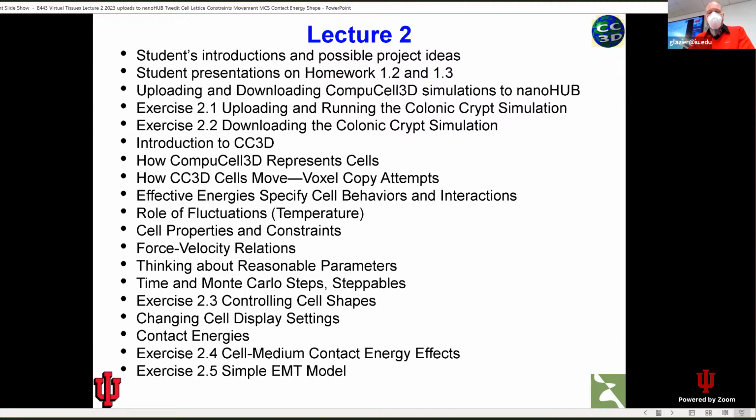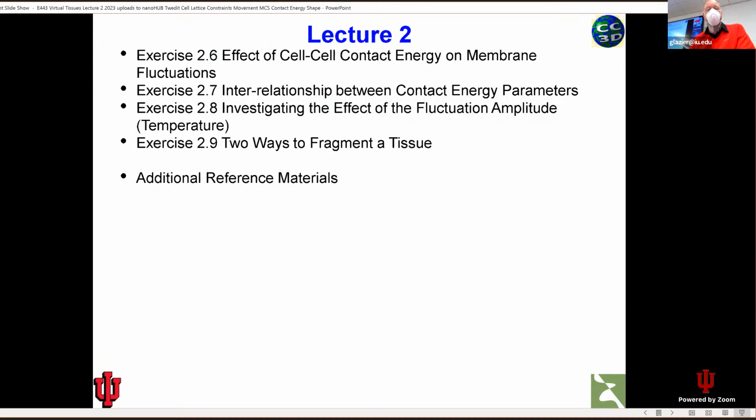I'd like to hear a little bit about people's homework experience from the homework that was due today. And then we'll go into a quick review of how to upload and download CompuCell simulations to nanoHUB, for those of you who are using the nanoHUB application. And then we're going to start digging into actually how CompuCell works and see how far we get in terms of how to understand what CompuCell does, the internals of CompuCell, how it represents cells and cell behaviors, and then how to control cells in a CompuCell simulation.